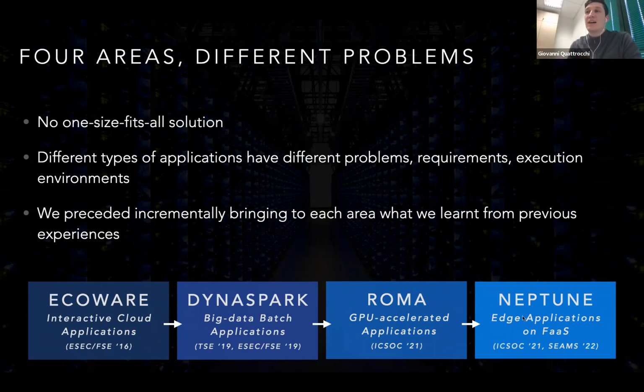And finally, edge applications deployed on function as a service, with an approach called Neptune that was recently accepted in SIMS. And I think here in the audience, we have another author of this paper, Luca Terracciano, along with Luciano, of course. So these were the 4 areas that we covered.